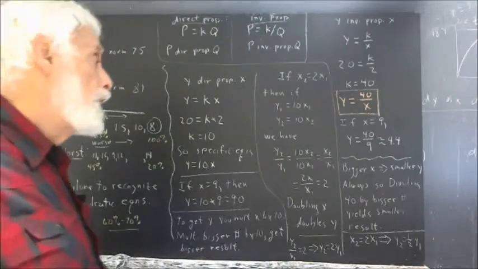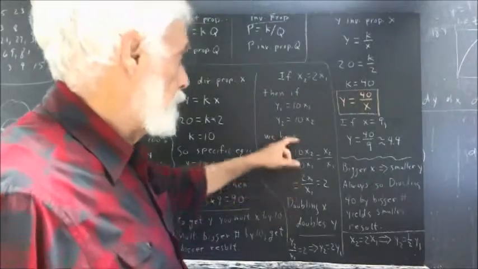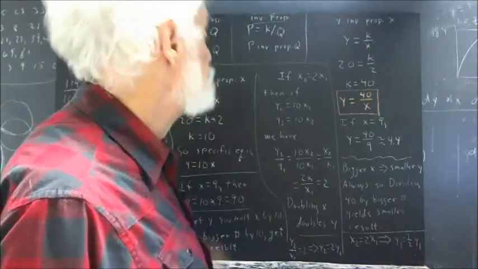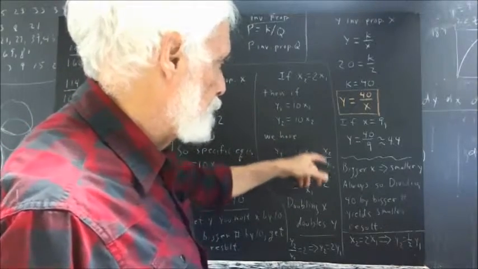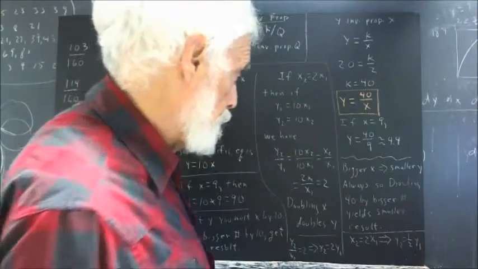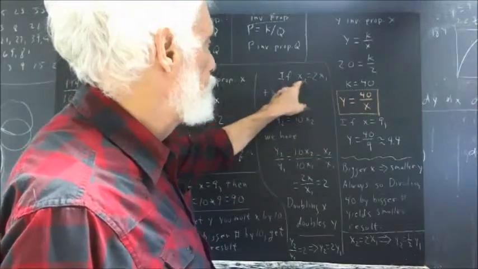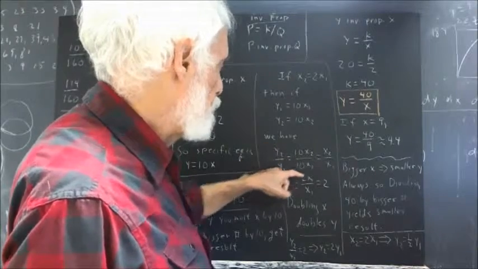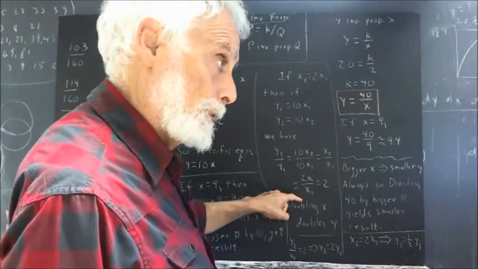Well, in that case, Y2 over Y1 is going to equal 10X2 over 10X1, because that's, of course, what Y2 and Y1 are. And 10X2 over 10X1 is just X2 over X1, because the 10 is divided by the 10, and you're just left with X2 over X1. But X2 is 2 times X1, so that Y2 over Y1, which is equal to X2 over X1, is now equal to 2X1 over X1.